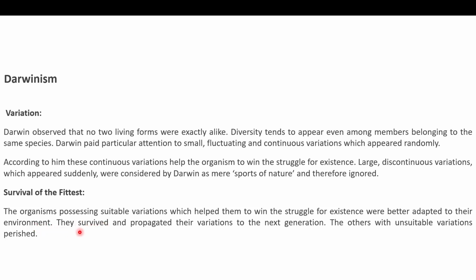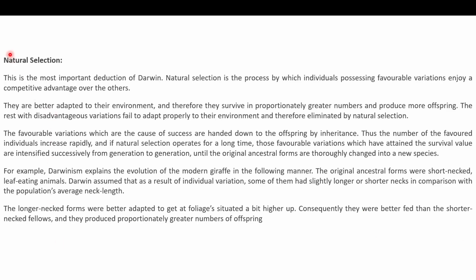These fitter organisms can survive and propagate their variations, passing them on to the next generation, helping the next generation to survive the existing environmental conditions. And the others with unsuitable variations get wiped out. And then the famous natural selection theory comes into the picture. This is the most important deduction of Darwin.